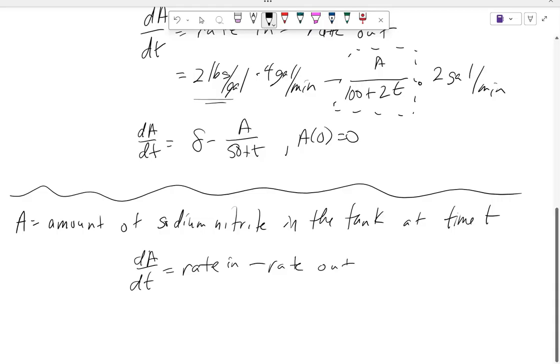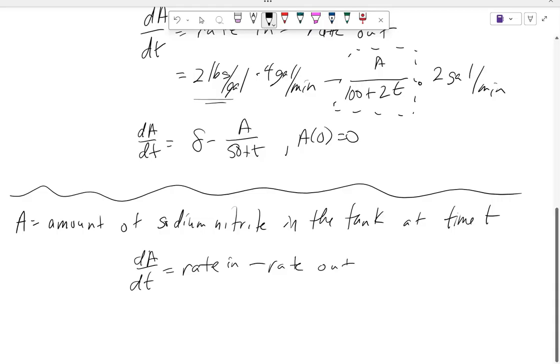This is the fundamental concept for this type of problem. Rate in minus rate out. Really straightforward as far as that goes. All right. Again, notice that the problems are given to you in terms of concentrations and then changes in volumes, right? Keep in mind what the units are on the left-hand side.